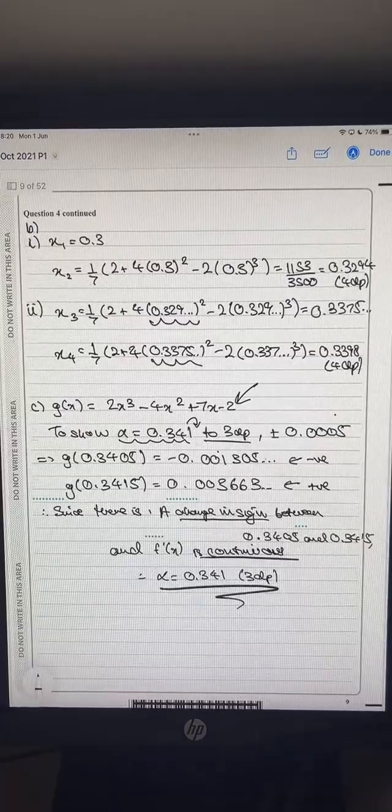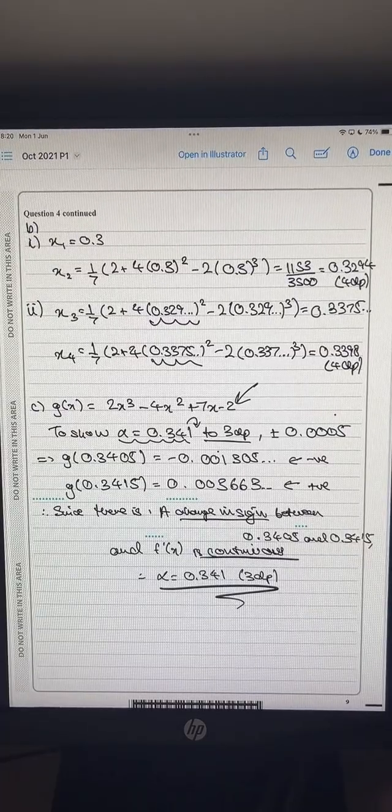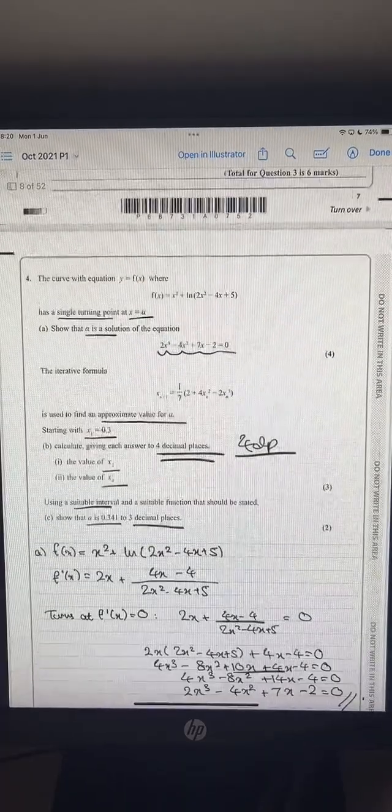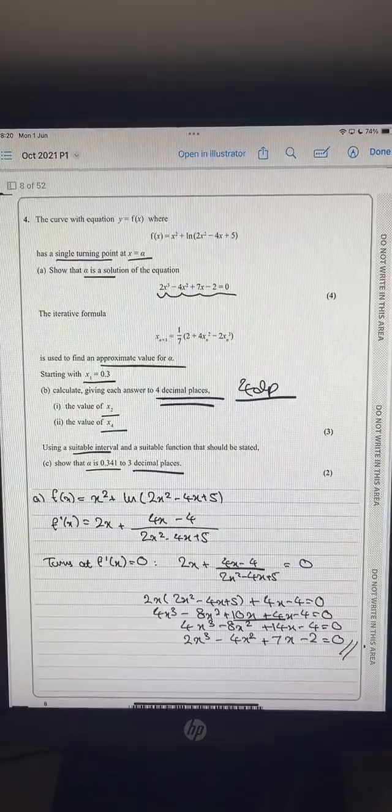And because I get a negative and a positive, I know there's a change in sign. That means that there must be a root between these points, and that root rounds to 0.341 to 3 decimal places. No worries. So this one is a long-winded but standard iteration question combined with some differentiation at the start.